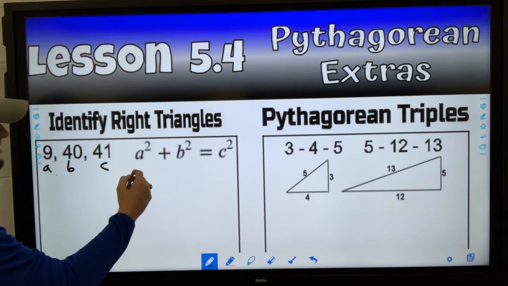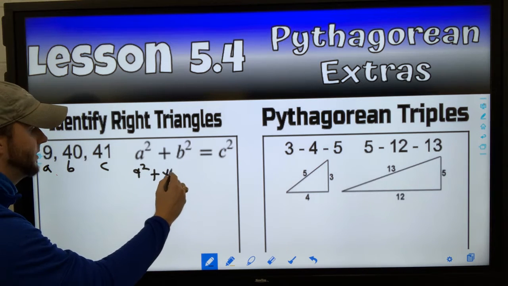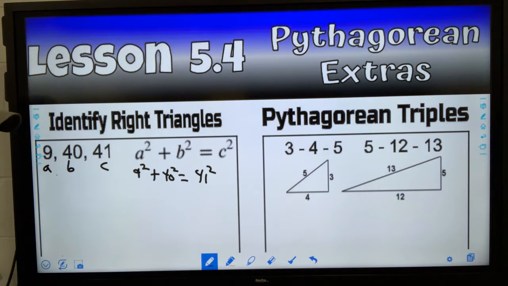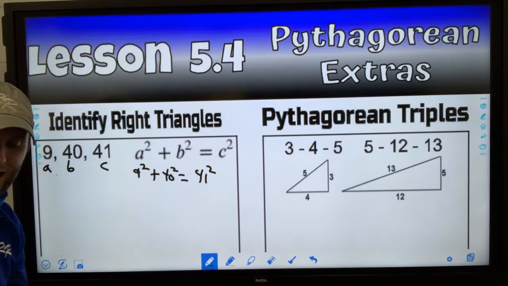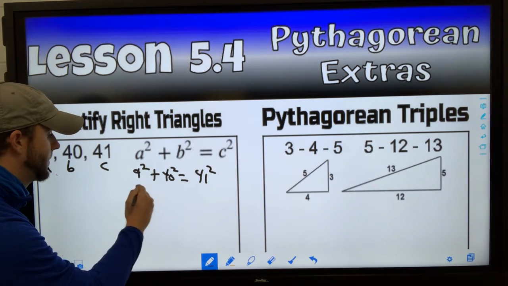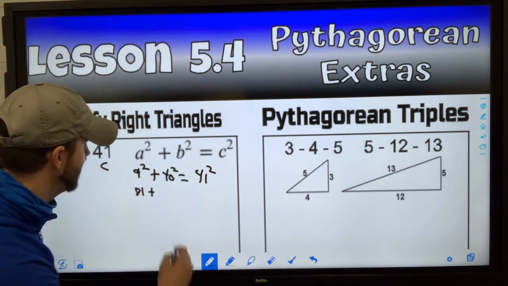So A squared is 9 squared, B squared is 40 squared, and C squared is 41 squared. Let's square all of these and see what it turns out to be. 9 squared, meaning 9 times 9, is 81. 40 squared, which is 40 times 40, is 1600.